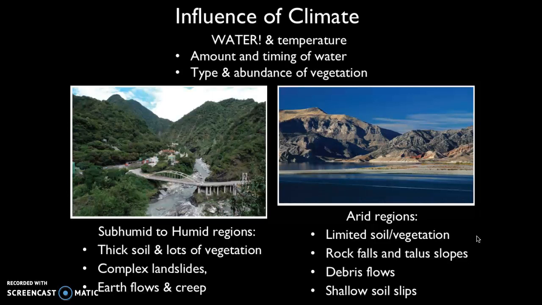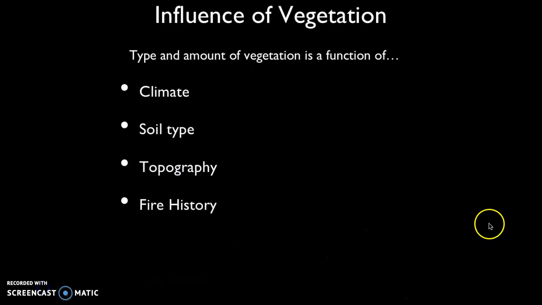You're going to get debris flows, and debris flows in this case are going to form either by volcanic eruptions or by flash floods as the drivers. And then you're also going to get these shallow soil slips. Okay? In this case, the influence of vegetation is going to have a very great effect and is going to be dependent on all of these things.